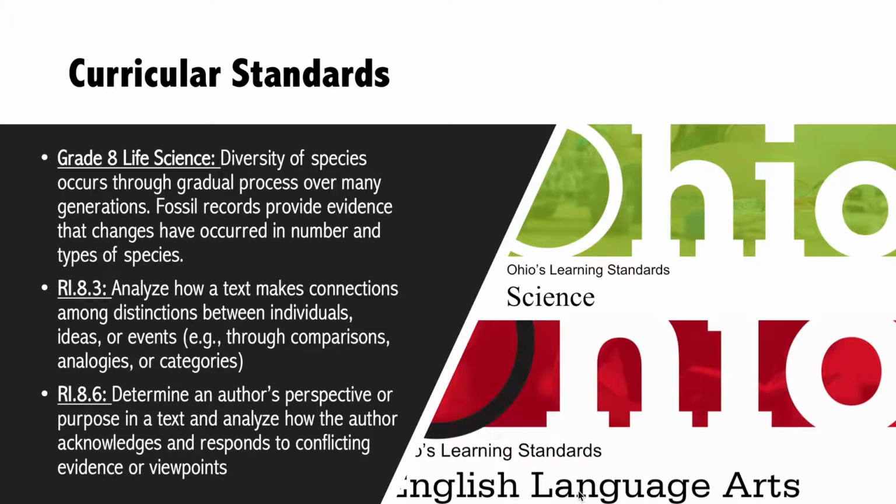For my 2 English standards, the students would be analyzing how a text makes connections between different events or ideas, and they would also look at the author's perspective in the text and analyze how those viewpoints connect or if they conflict.